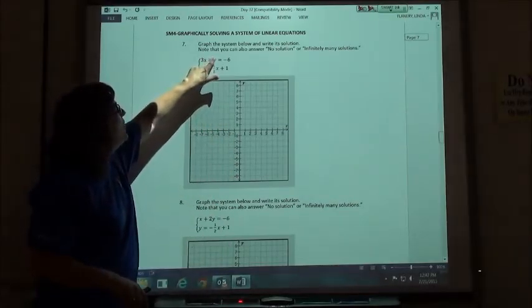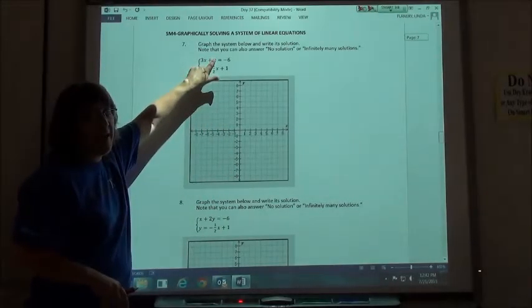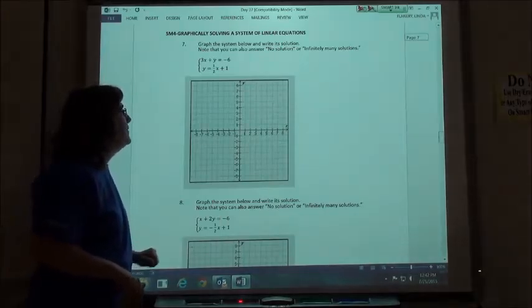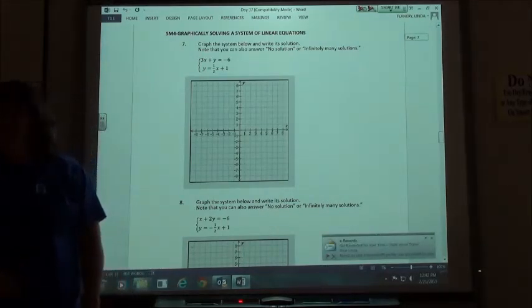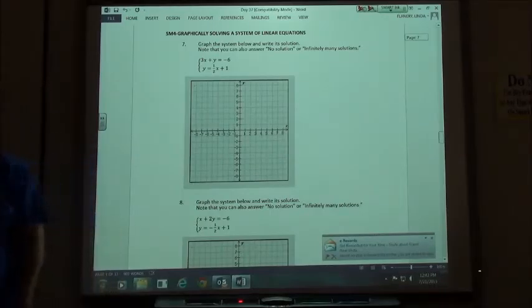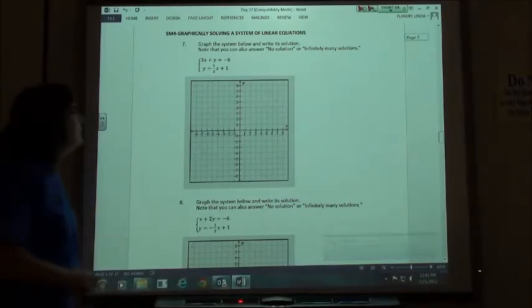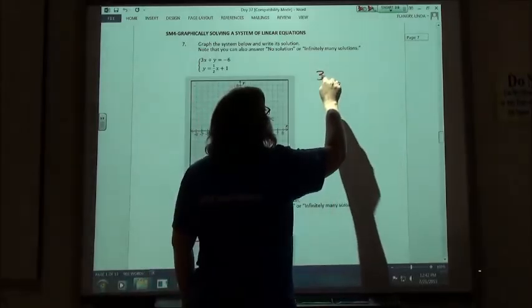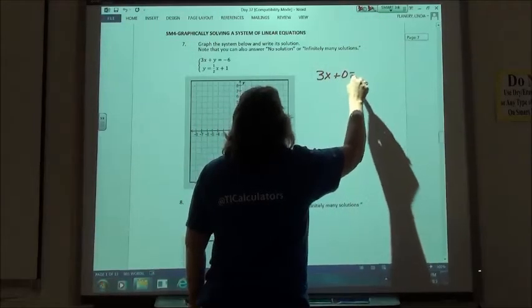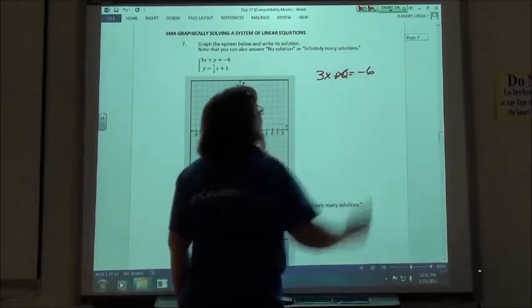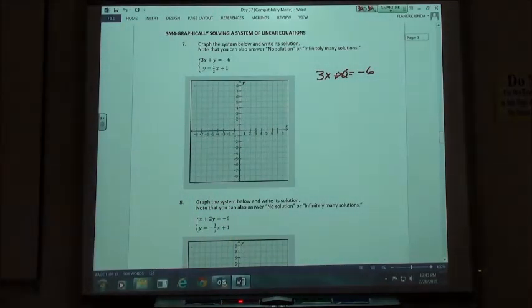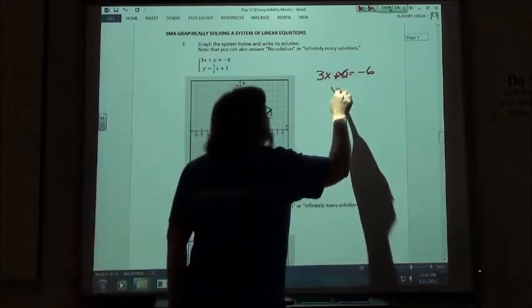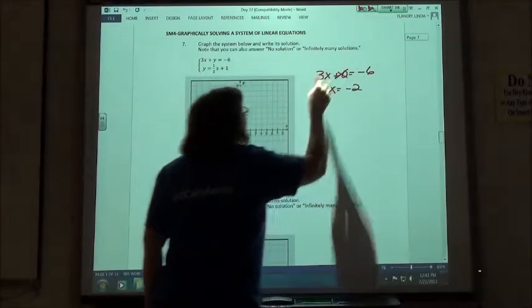If I put 0 in for y, my x-intercept is at -2, because I'm just dividing this number by that number, right?